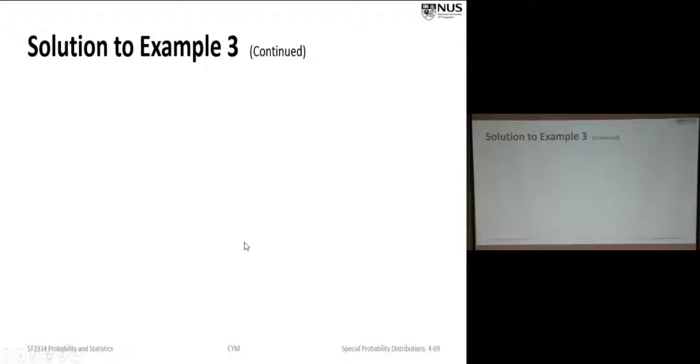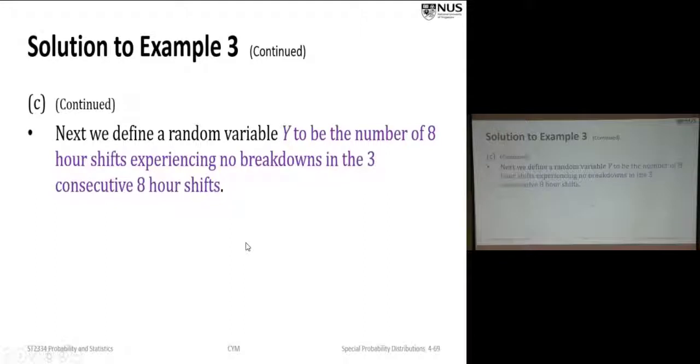There's another way to look at it. If we define a random variable y, which is the number of 8-hour shifts that experience no breakdown in the 3 shifts, we are looking at three time intervals.